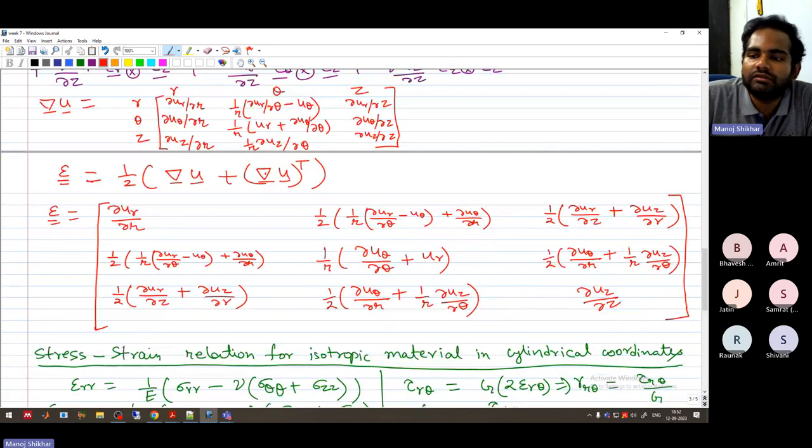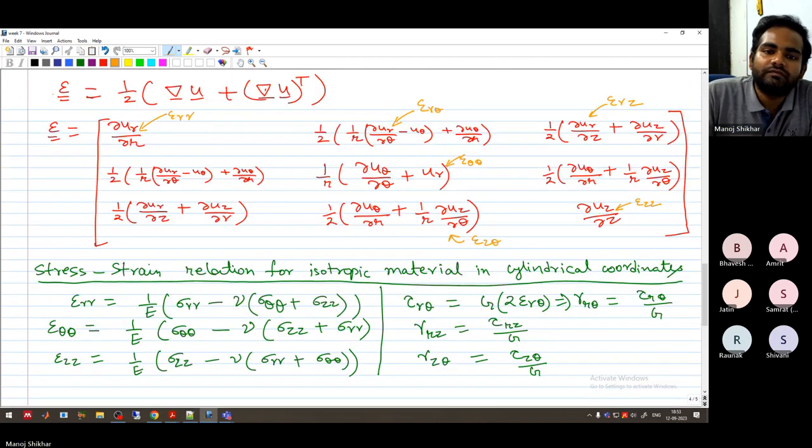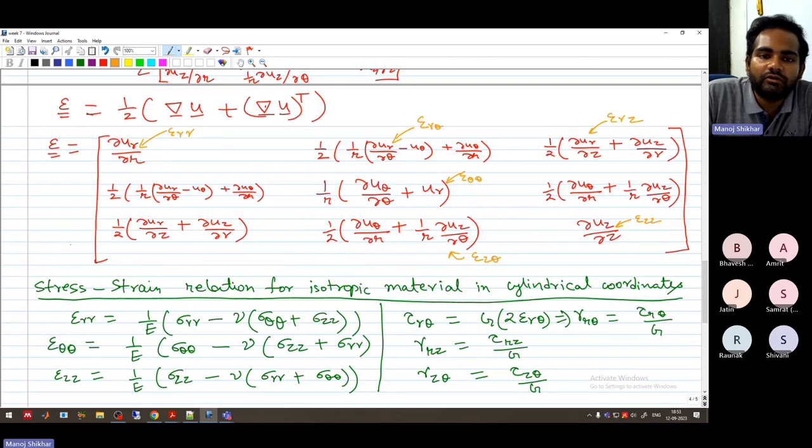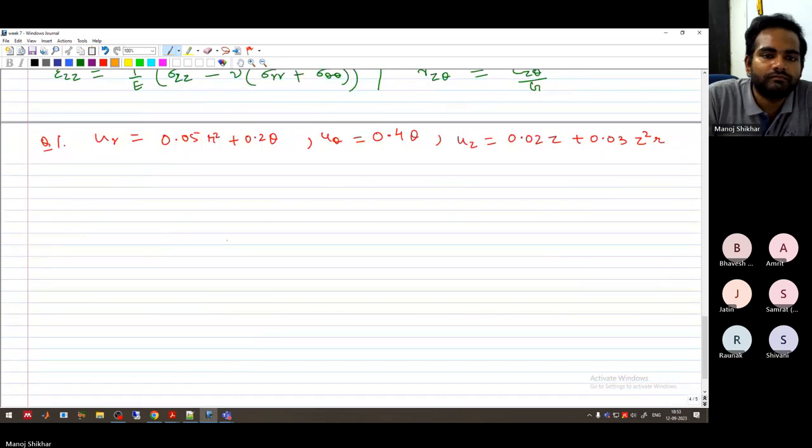But let's find the other values also. We will use these formulas: this is epsilon RR, this is epsilon theta theta, this is epsilon ZZ, this is epsilon R theta, epsilon R Z, and this is epsilon Z theta. We will use these 6 formulas to find the values of the strains.